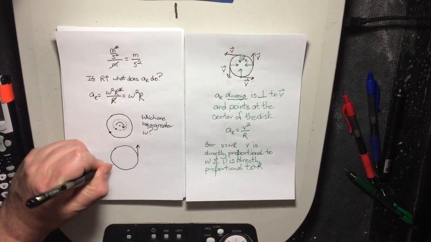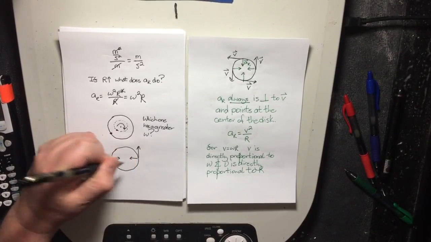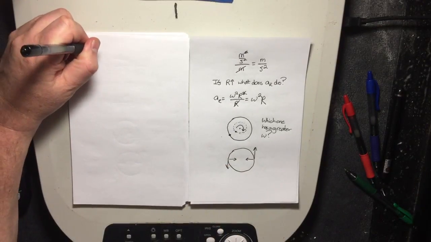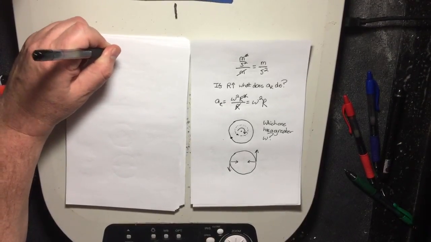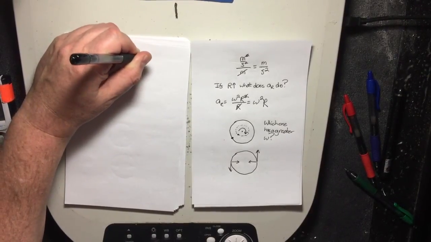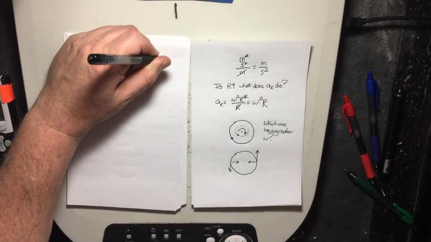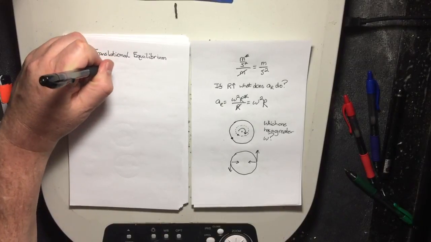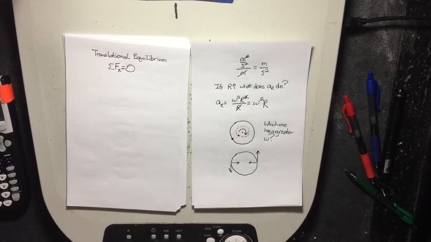When you're doing something like this, where it's rotating, we know about translational equilibrium. Equilibrium. All right. And the sum of the forces is equal to 0.